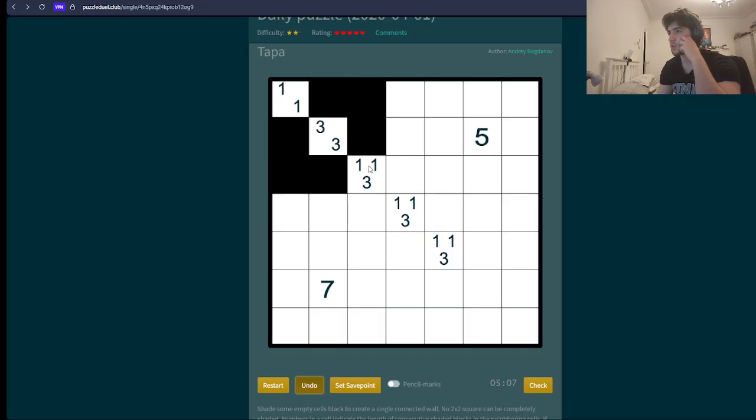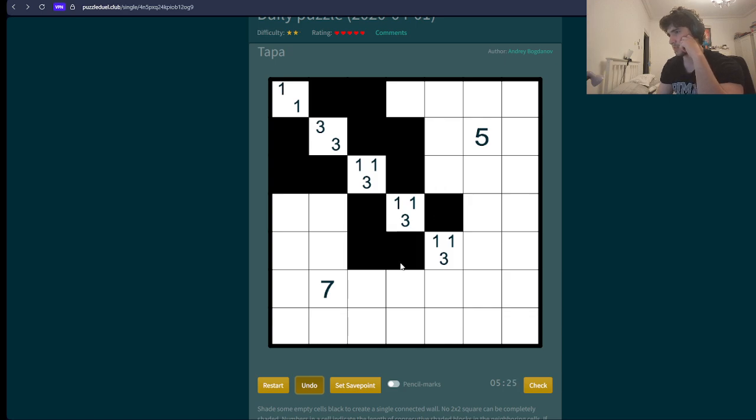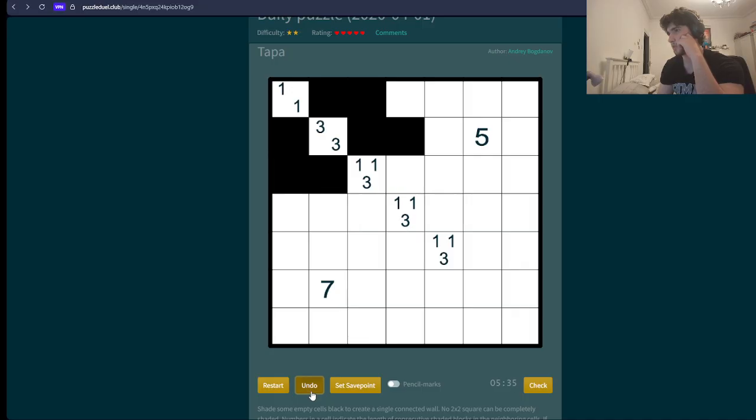Should we just try and go through the different possibilities for the 1, 1, 3s? We could try doing that. Because, what if we have this, for example? The thing is, we could still have this, or we could have it the other way as well. Damn, this is actually really tricky for me. This is not supposed to be too difficult either.